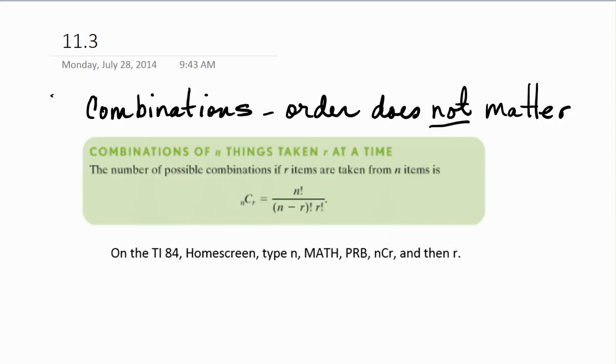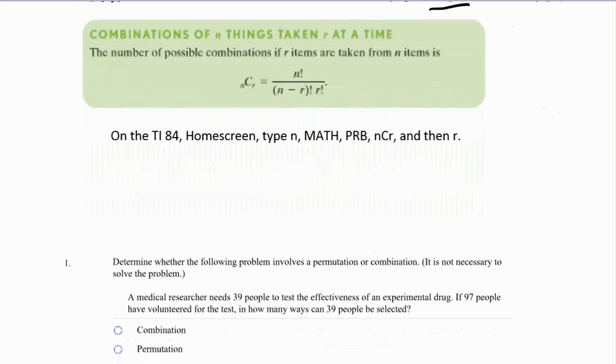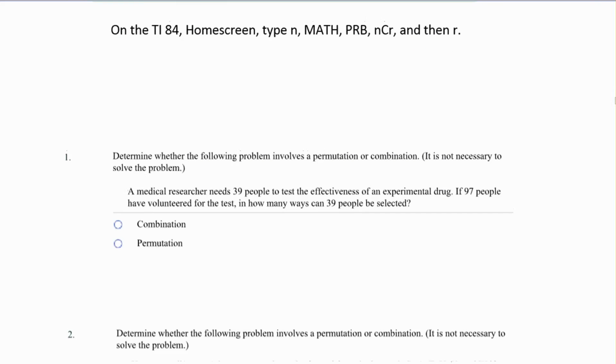So let's take a look, and we will see if we can tell the difference between when we should use combination and permutation. Let's look at number 1. Determine whether the following problem involves a permutation where order counts or a combination where it doesn't count. We're not going to solve it, we're just going to decide which one. A medical researcher needs 39 people to test the effectiveness of an experimental drug.